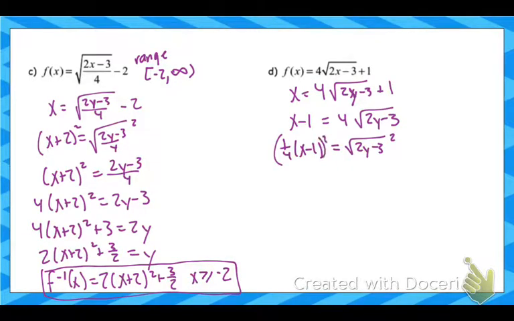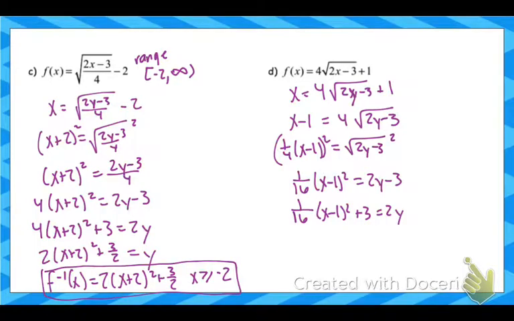I'm squaring everything. So this would be 1/16, x minus 1 squared. Add 3. Divide everything by 2. So that means I divide the 1/16 and I divide the 3.